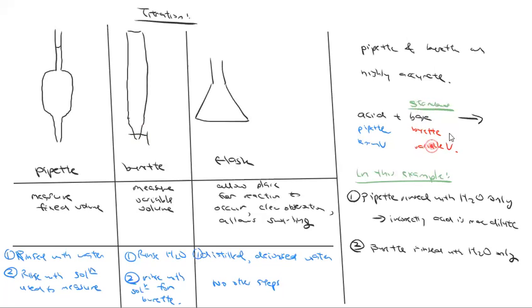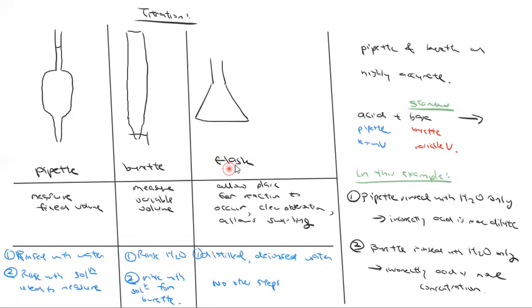So you're going to use more of it. And because you're going to use a higher volume of base, you're going to think that you need more base to neutralize the acid. And so you're going to incorrectly calculate that the acid is more concentrated than it actually is. You're going to overestimate the concentration, all right?